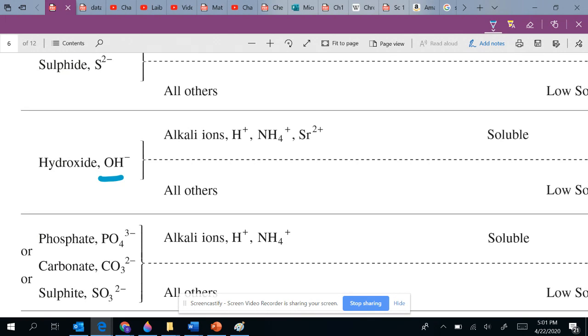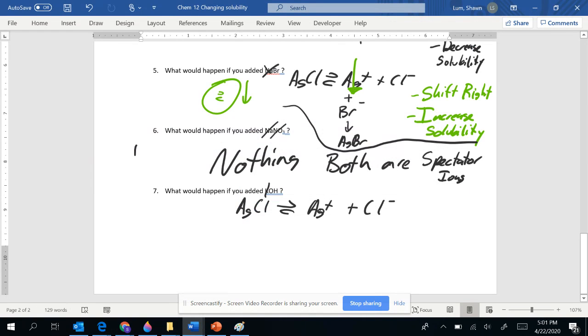Now it's going to be reacting with the silver right here because silver, or Ag, is not an alkali ion. That is just your first column on your periodic table. And it's none of these things right here. So Ag is part of the all others group, and that means it's going to form a precipitate. So OH is going to react with Ag and form AgOH.